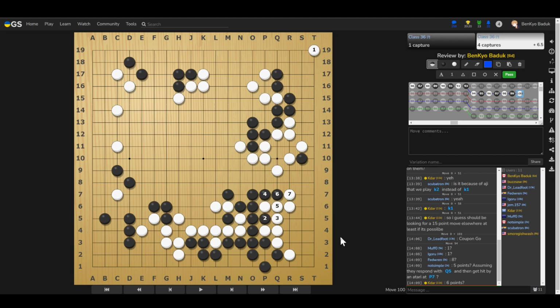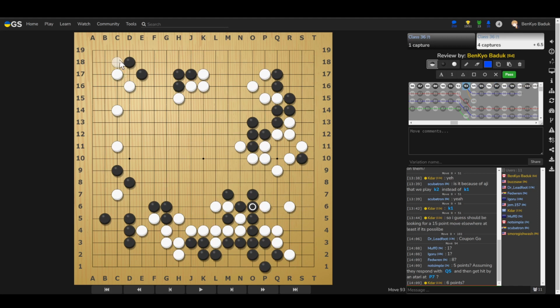So compared to white 2, which would then allow white to block at 6, the difference in points is going to be maybe about 5. So it's around 5 points. Not very big. So if this is your game, and this move pops into your head, or anything around here really, you need to stop and try to count it.